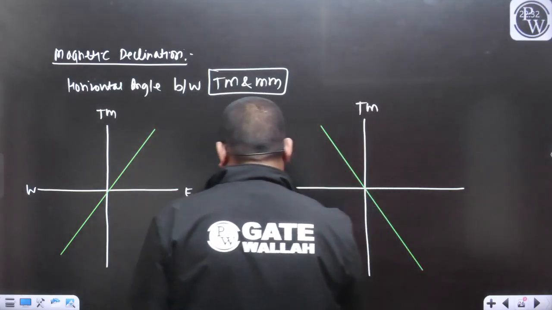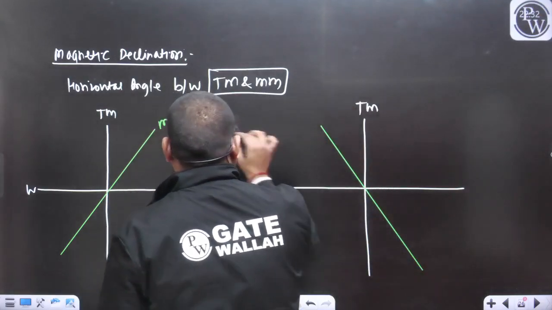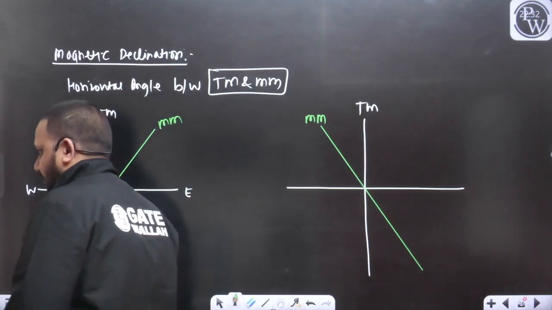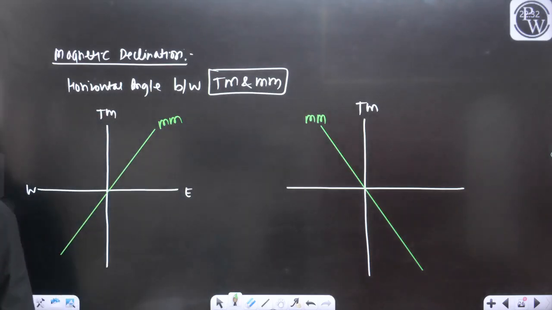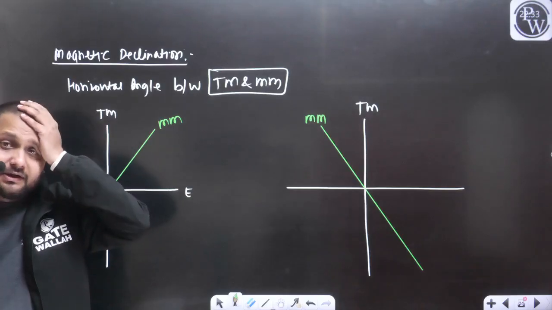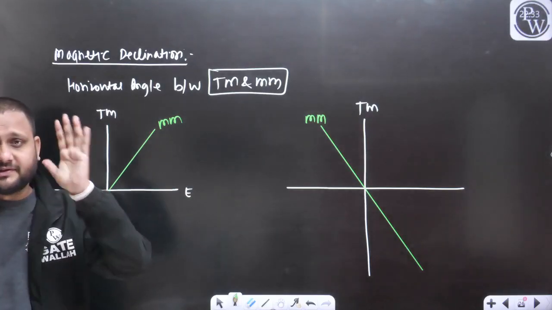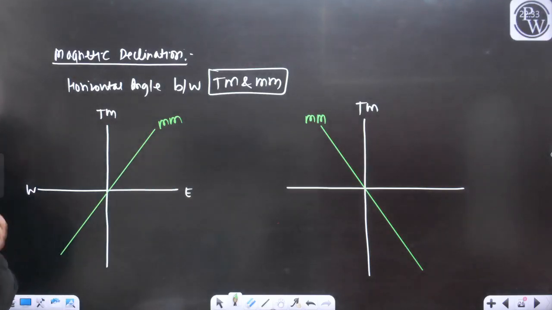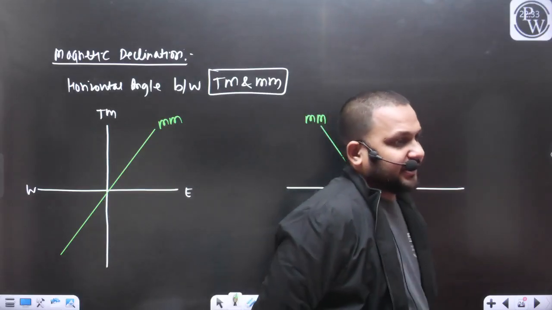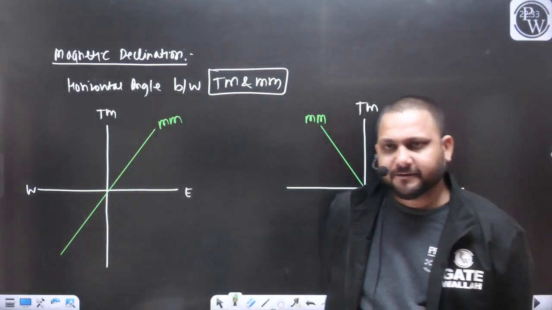So this green one is the magnetic meridian, and this white one is the true meridian. As you can see, there may be a change in the position of the magnetic meridian, but the true meridian will always remain the same. There will be the change in the case of the magnetic meridian.